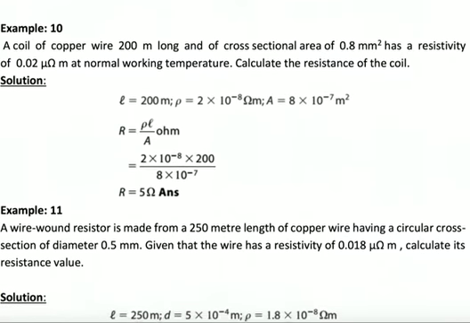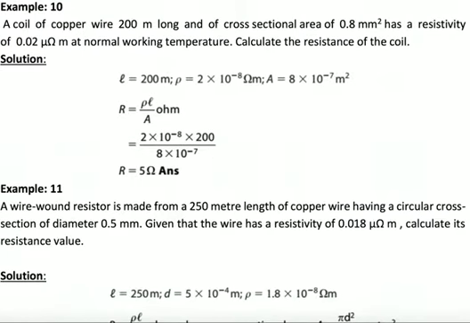A coil of copper wire 200 meters long and a cross-sectional area of 0.8 mm square has a resistivity of 0.02 micro-ohm meter at normal working temperature. Calculate the resistance of the coil. Simple. The formula is rho L upon A. Rho is given as 0.02 into 10 to the power of minus 6 ohm meter, nothing but 2 into 10 to the power of minus 8 ohm meter. Length is given as 200 meter.